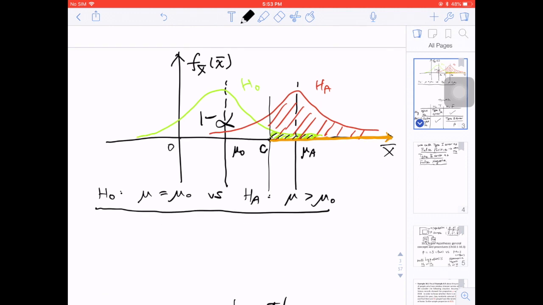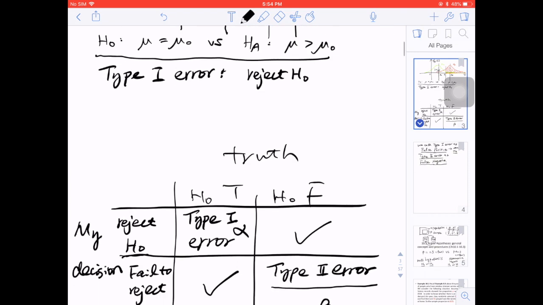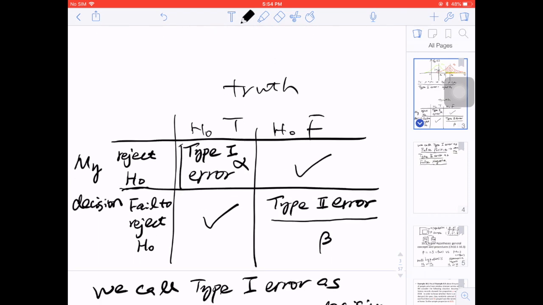If you're making a type 1 error, it means, first of all, you reject the null hypothesis, right? Because type 1 error is when H0 is true, but you reject it.